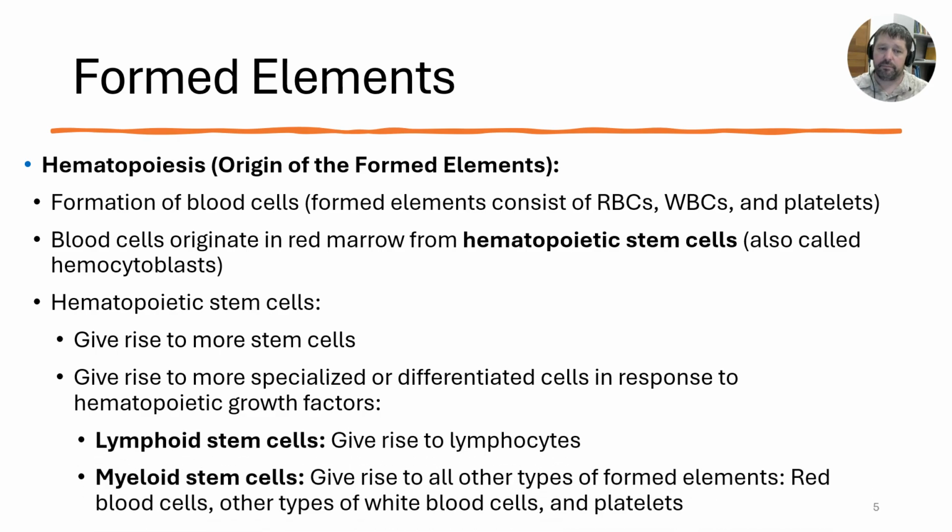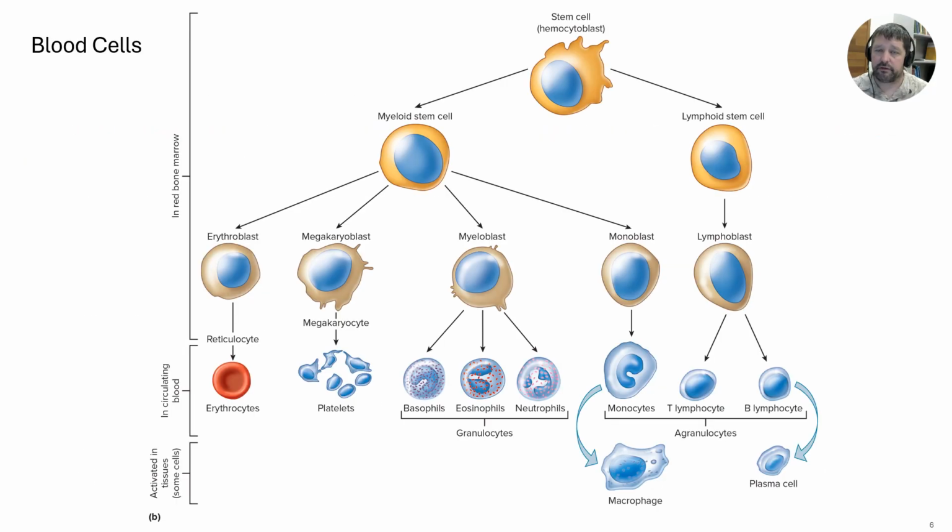One being the lymphoid stem cells, which will give rise to lymphocytes, or the myeloid stem cells, which give rise to everything else: red blood cells and all the other white blood cells and the platelets. If we look at this in a graphical form, you can see that the hemocytoblast is going to give rise either to a myeloid stem cell or a lymphoid stem cell.